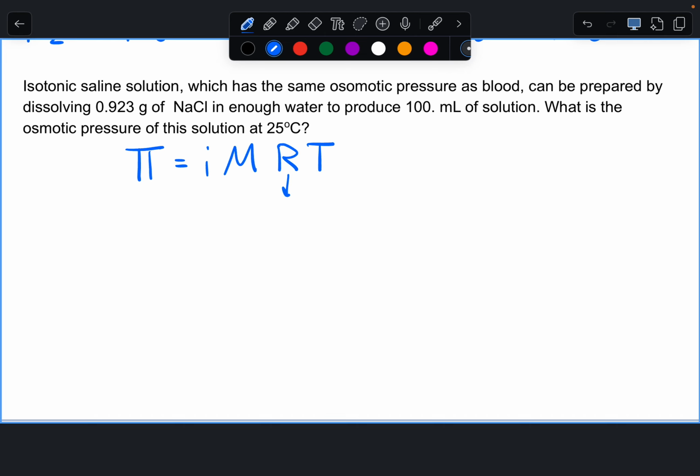Just remember to use the correct R value. And if you don't remember where this is, look it up on your exam equation sheet so you're familiar with which one it is and where it is. And these are the units of the constant, and then the units for the other stuff, okay?